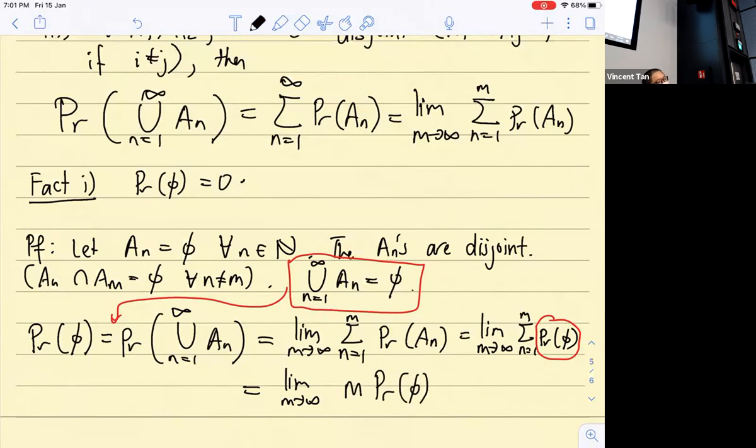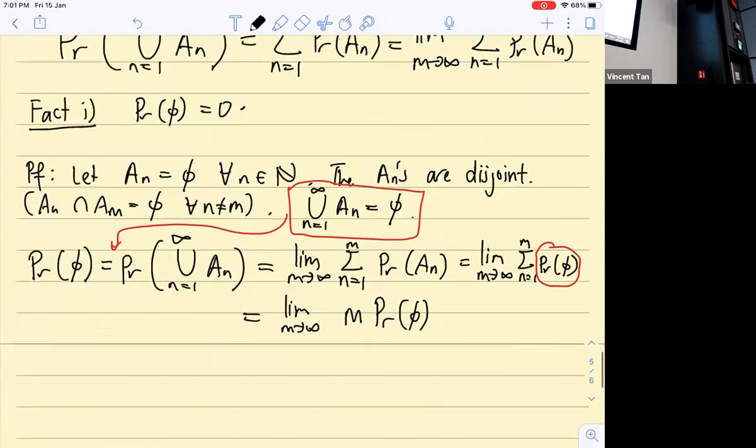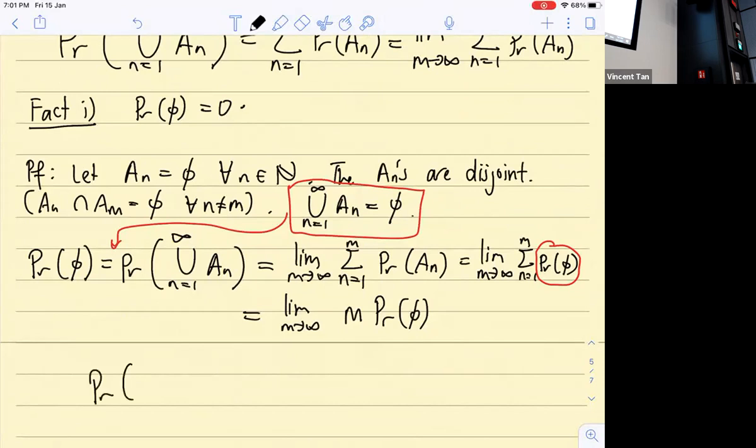Because the things inside don't depend on n. It's just like you go to the market and you buy m oranges, each orange is $2. m oranges is $2m, right? Same logic, because all the oranges have the same price. So here we conclude that the probability of phi is equal to the limit as m tends to infinity of m times the probability of phi.